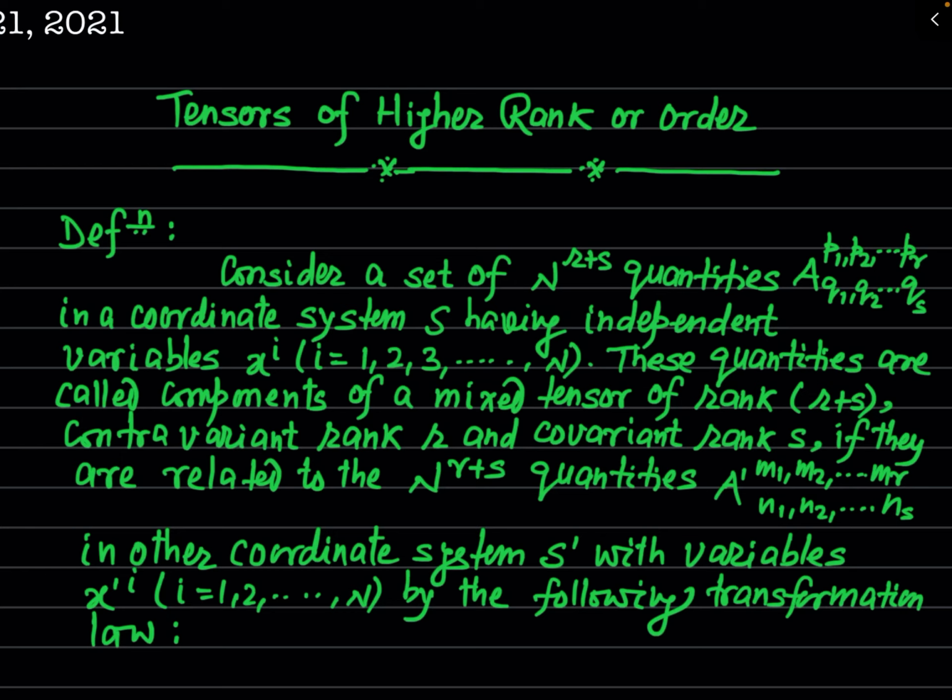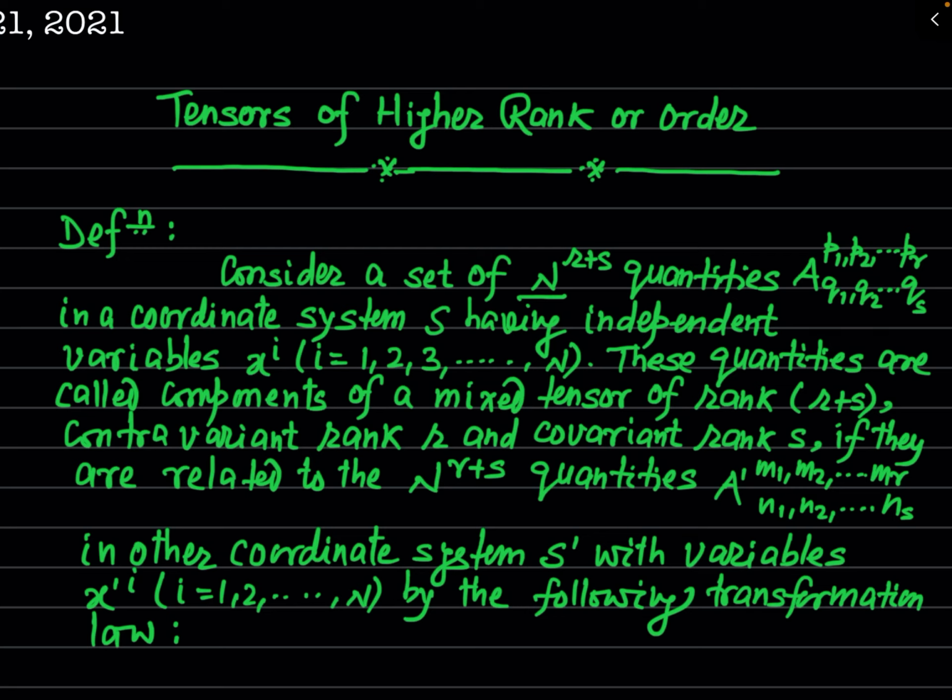like previous lectures, a space of n dimension. And in this n-dimensional space, we consider a set of n raised to the power r plus s quantities. And let us say these quantities are a contravariant indices p1, p2, so on pr, and covariant indices q1, q2, so on qs.